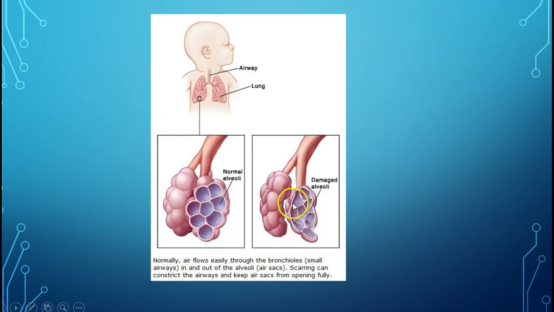This film keeps the alveoli from collapsing completely, and that surfactant is made up of a mixture of lipids and proteins, so fats and proteins, and they're secreted by cells within this alveolar space, and that helps reduce that surface tension to keep these things partially inflated.